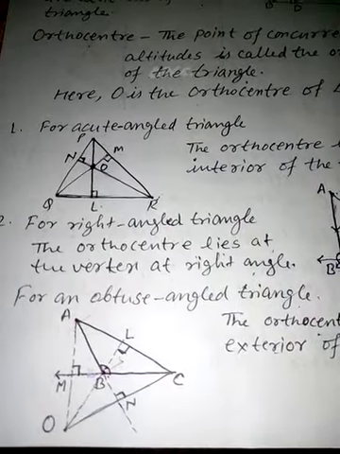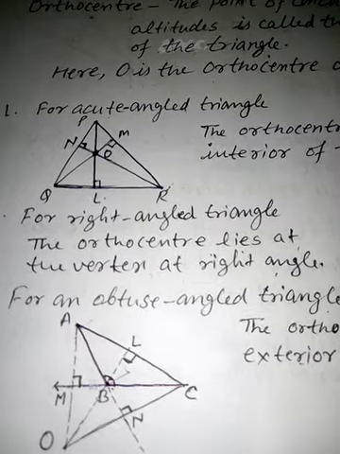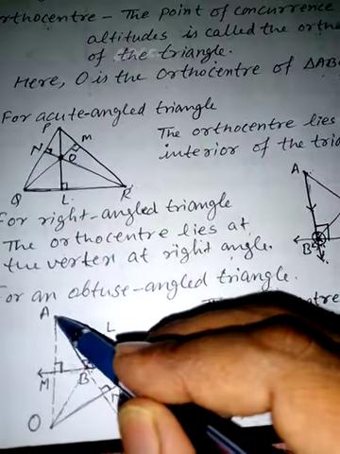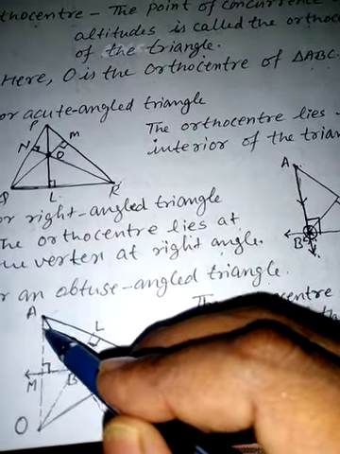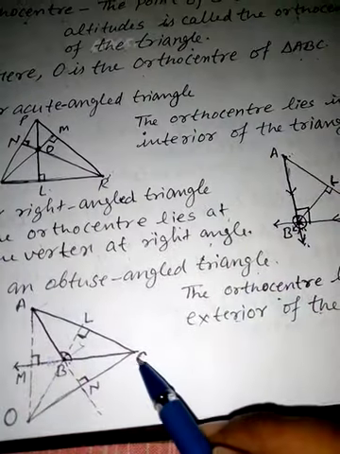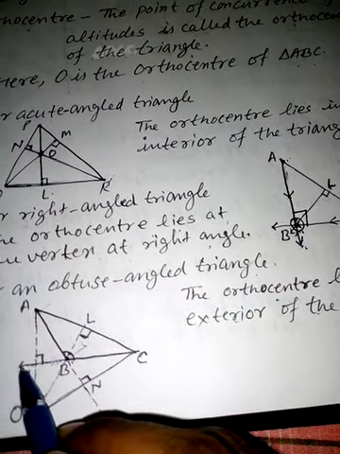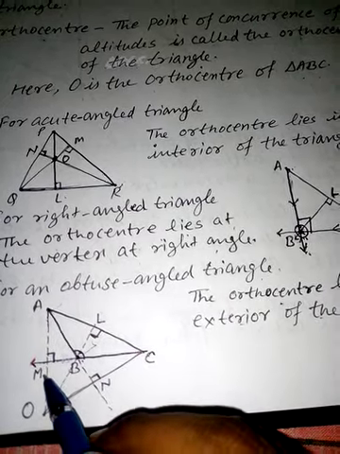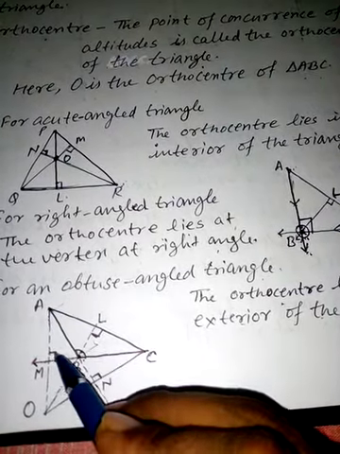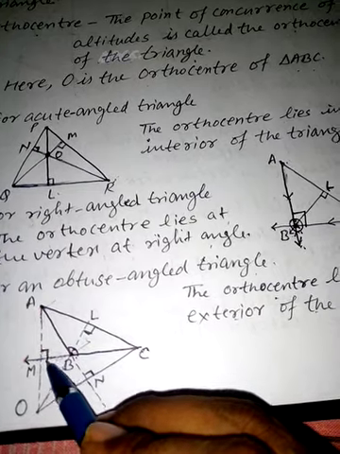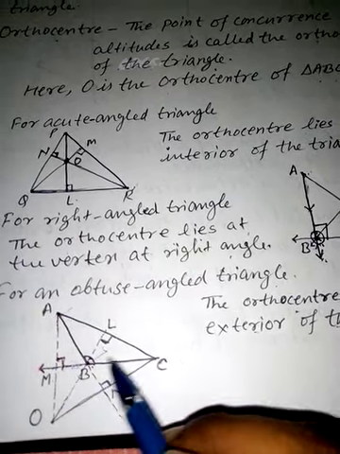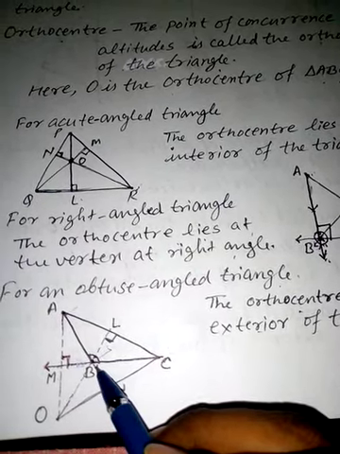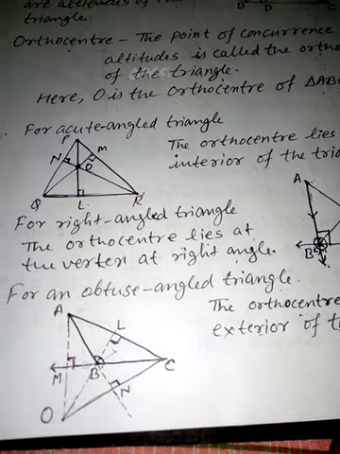And when we are going to draw the altitude from vertex A, then we can see that we have to produce side BC towards M, and ultimately AM is the altitude to the side BC extended at M.